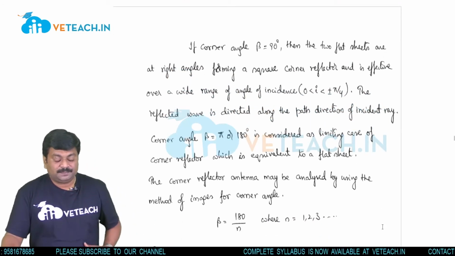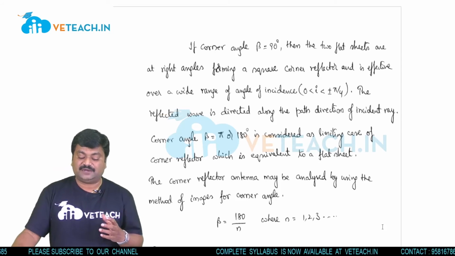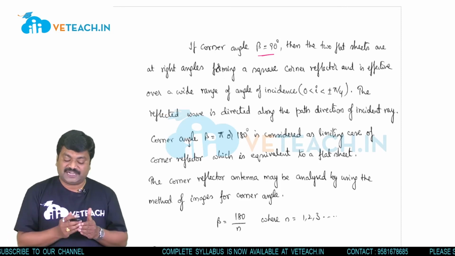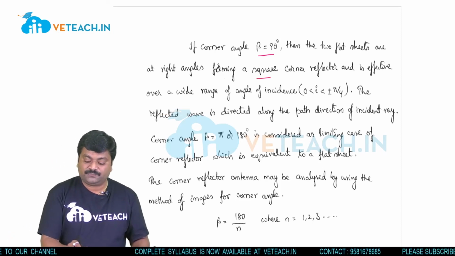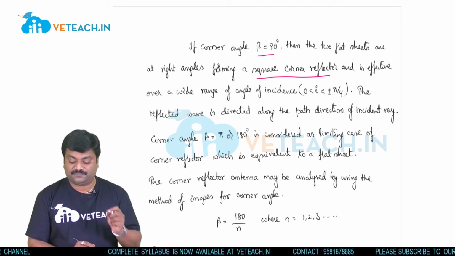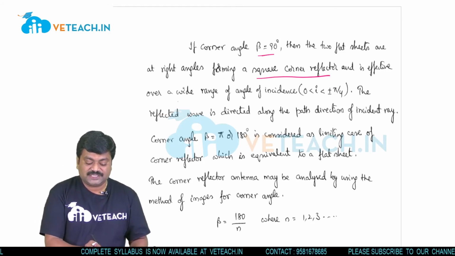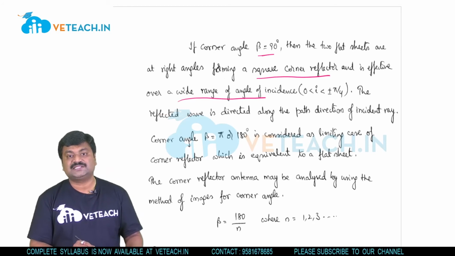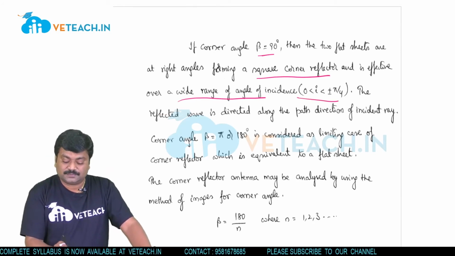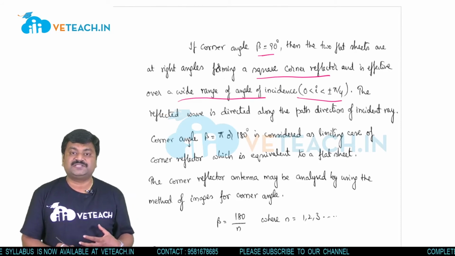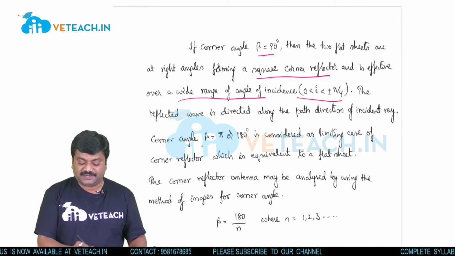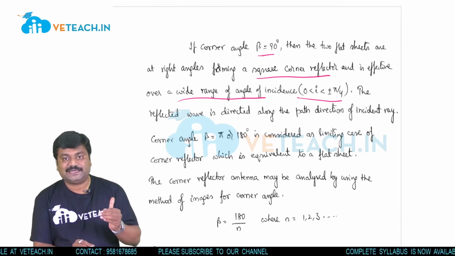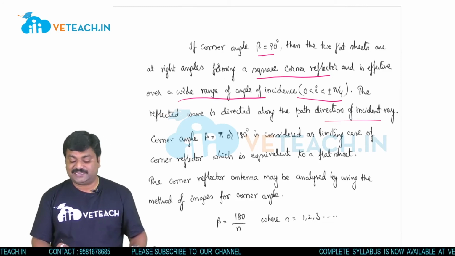Now, if I have beta equal to 90 degrees, that is, the meeting angle between the two flat sheets is 90 degrees, it forms a square corner reflector, and it is always effective in a wide range of angles of incidence, that is 0 to pi by 4. A wide range of angles of incidence means a maximum directivity can be attained. And the reflected wave is always directed along the path of the incident wave.